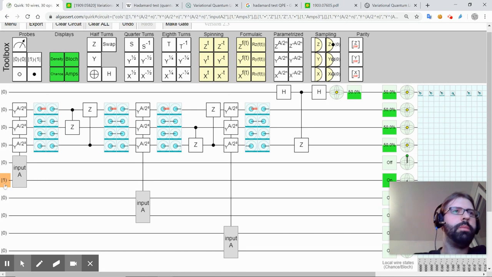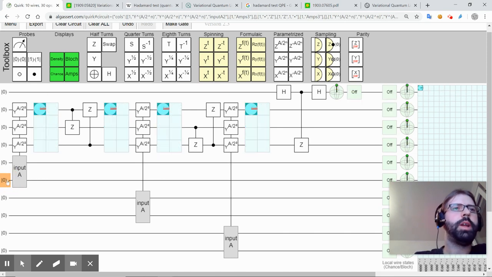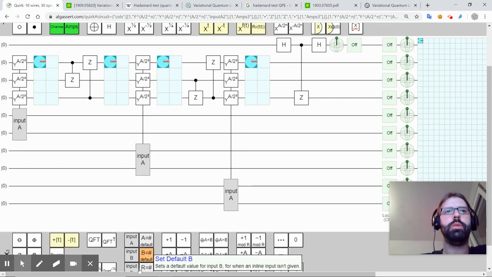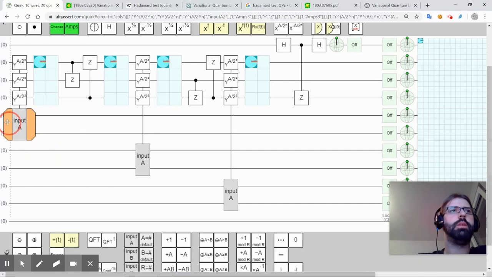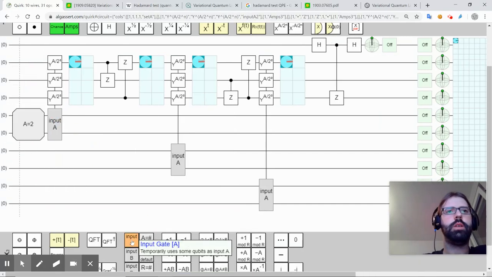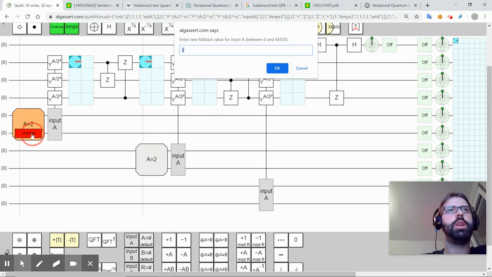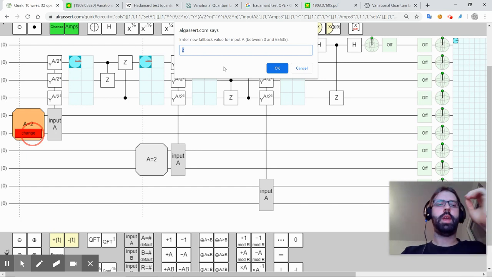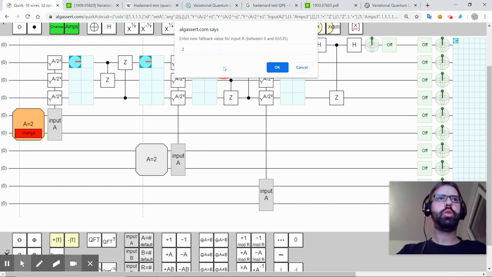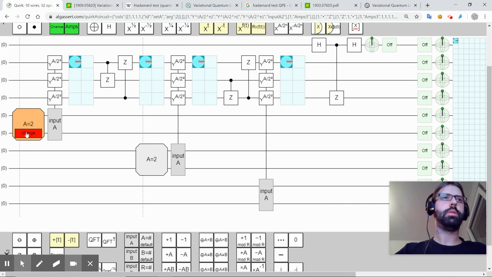Oh, and now if I'm smart and I don't want to keep typing these in here, I think I can even use those things in here. Sorry. So if I change that to A being like 2, that doesn't change anything, right?